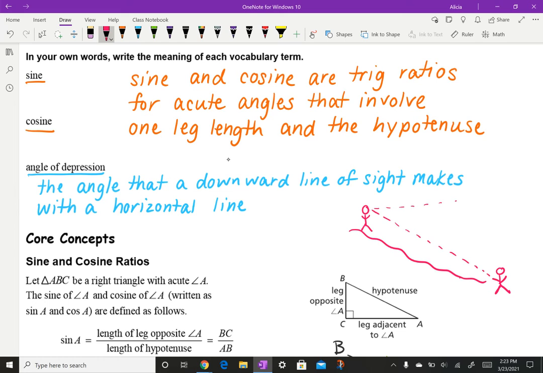And so as they're looking down, it creates an angle with that horizontal line of sight. This angle right here, I'll call it X, is your angle of depression. It's the angle of where you're looking down compared to some horizontal line, which could possibly be eyesight or something like that. But that's just a quick little example, okay?